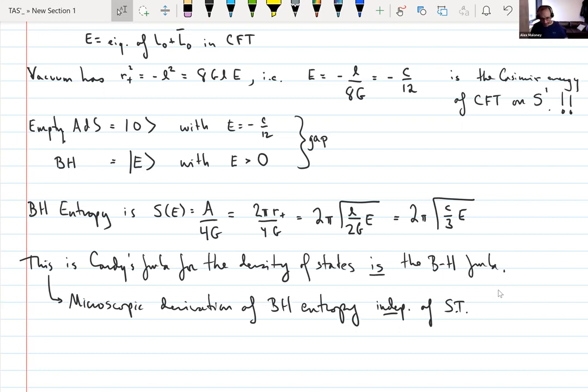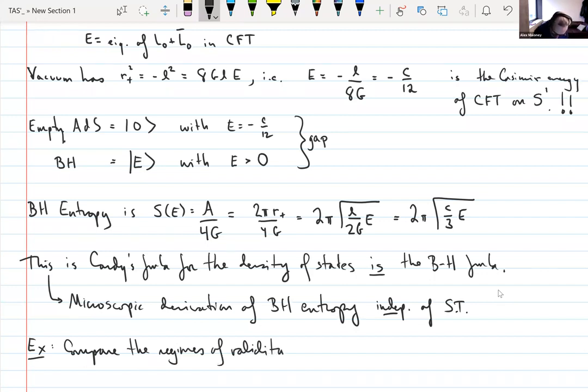A straightforward exercise: compare the regimes of validity of the Cardy formula versus the Bekenstein-Hawking formula. You'll find that they overlap, but they're slightly different.